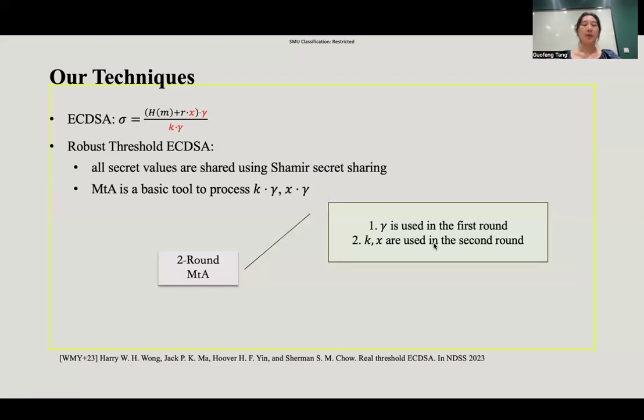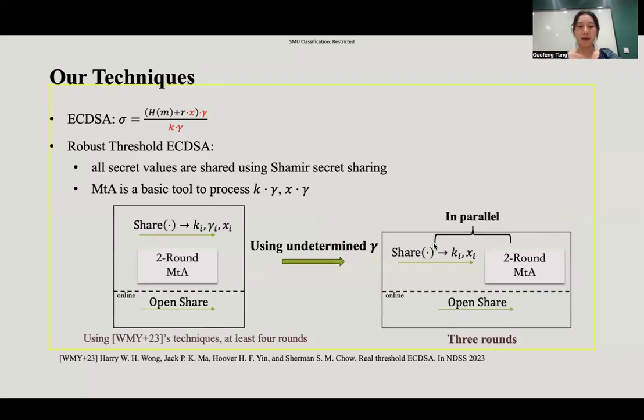For robustness, previous robust threshold ECDSA requires all secret values to be shared using Shamir secret sharing, and uses MtA as a basic tool to process k times gamma and x times gamma. MtA is a 2-round protocol. In the first round, gamma is used. In the second round, k and x are used.